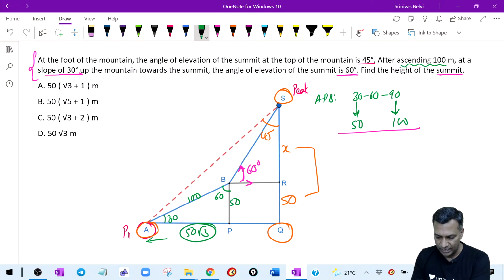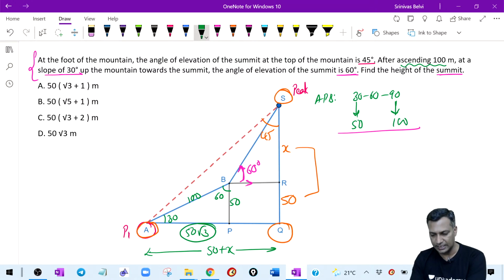Therefore, the entire distance was 50 plus X. Now I can find out only this particular leg. What is this particular leg? This is going to be 50 plus X minus 50 root 3. Here the total is 50 plus X, out of which one side I have 50 root 3, so I can find out the other side.